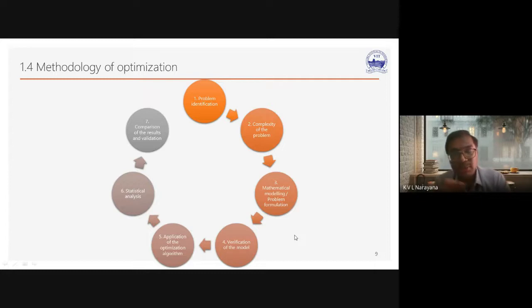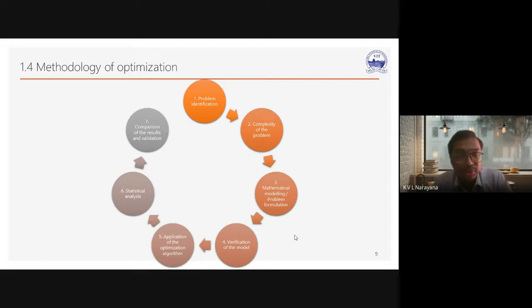And then we have the application of the algorithm. Once the mathematical model is formulated, the next step is the application of the optimization algorithm. There are different types of optimization algorithms. That categorization we are going to see in due course of time. So which optimization algorithm is to be selected? The selection of the optimization algorithm is very important for the problem to be considered. After application of the algorithm, we get some solutions of that particular problem.